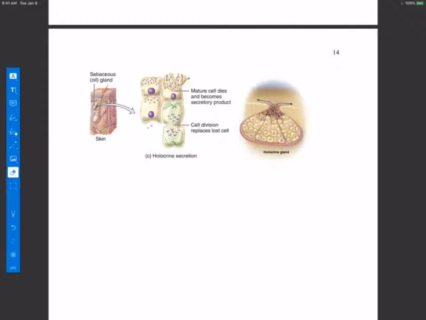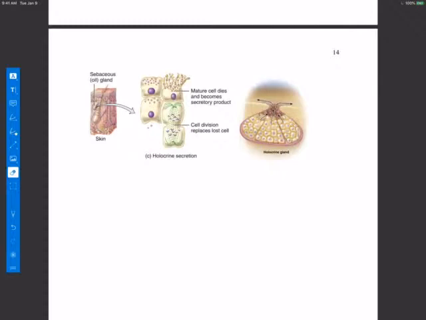Examples would be the sebaceous glands, or the oil glands of the scalp, and also the glands of the eyelids. The secretion is released at the expense of the cell. The cell is destroyed as it releases its product, and the cell itself becomes part of the secretion.